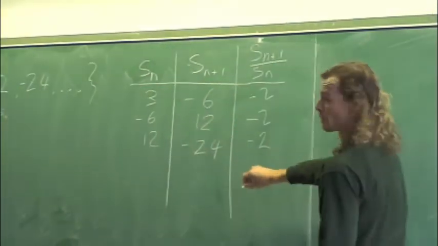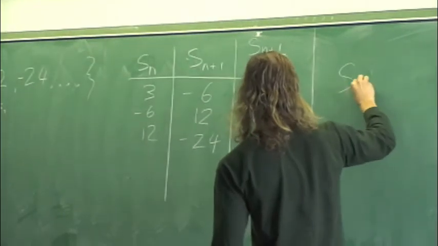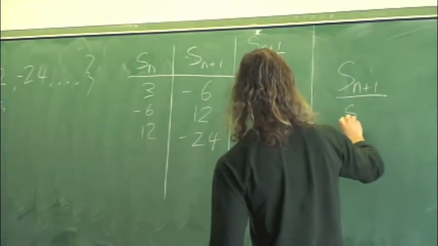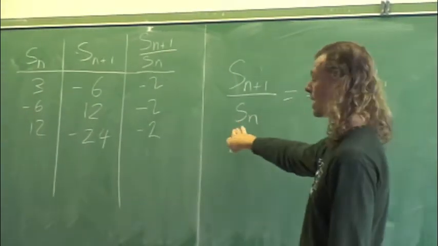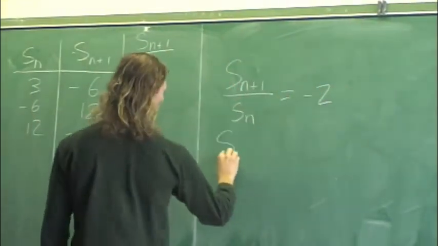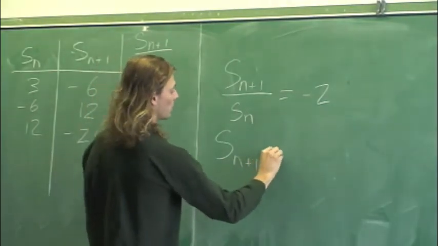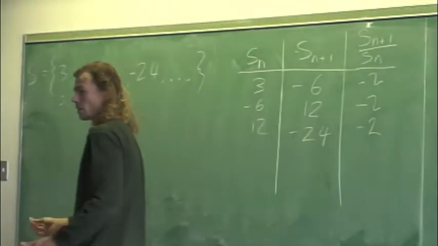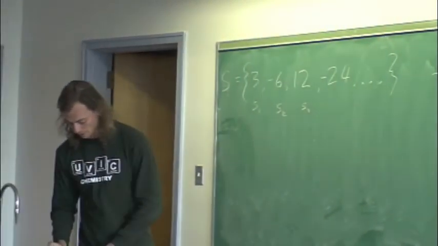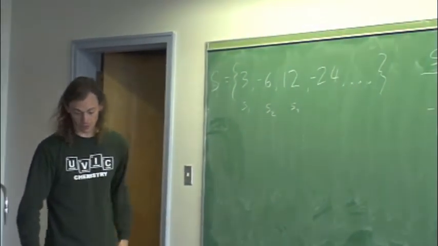This gives me my formula: S of n plus 1 over Sn equals minus 2. Just rearrange, bring the Sn to the other side: S n plus 1 equals minus 2 Sn. So that's it for the first part. We found a recursive rule for the sequence.